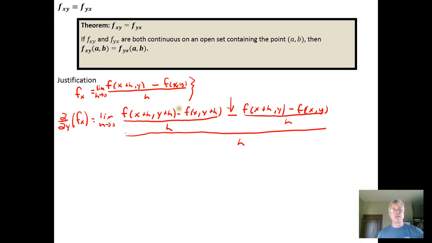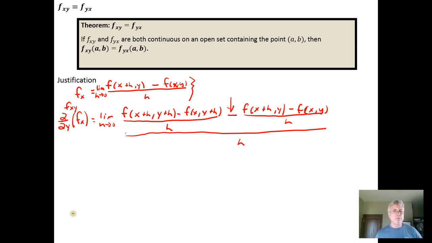So now we have a mixed partial where we take the derivative with respect to x first and then the derivative with respect to y second. So this right here is just f sub xy.